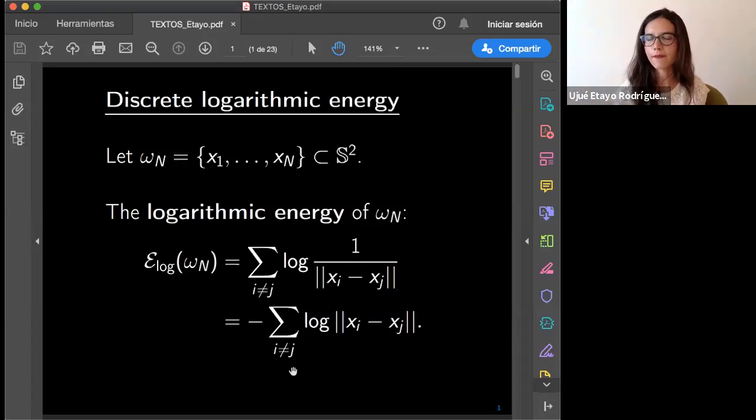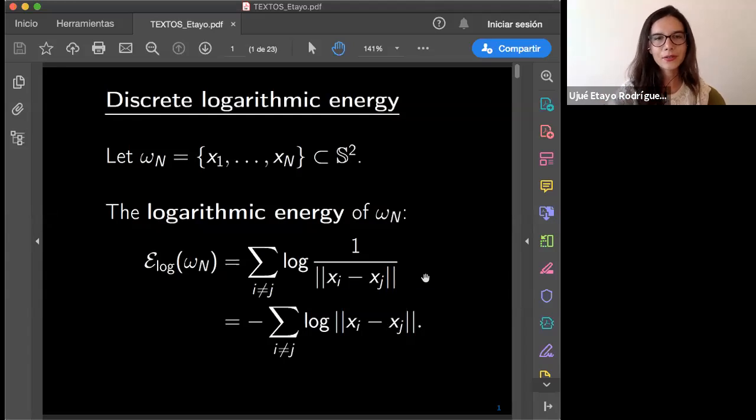And in general, if we have 2 points that are really close on the sphere, then the distance between them is going to be small, and the logarithm is going to be really big. So we are going to have kind of little explosions if we take points that are close. Instead, if we take points that are nicely distributed, meaning that we have some neighborhood surrounding every point in which no other point is contained, then we will be able to manage this quantity. This can be somehow bounded.